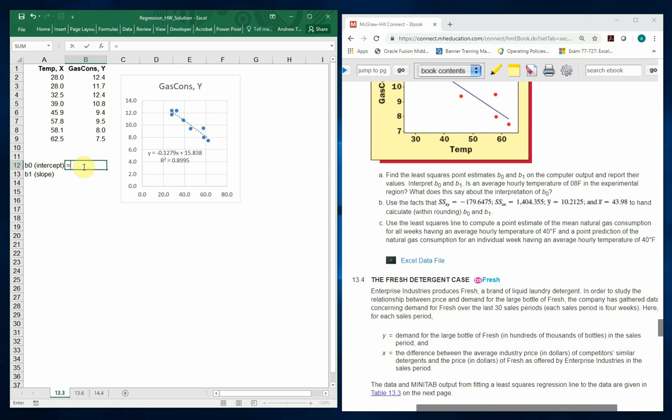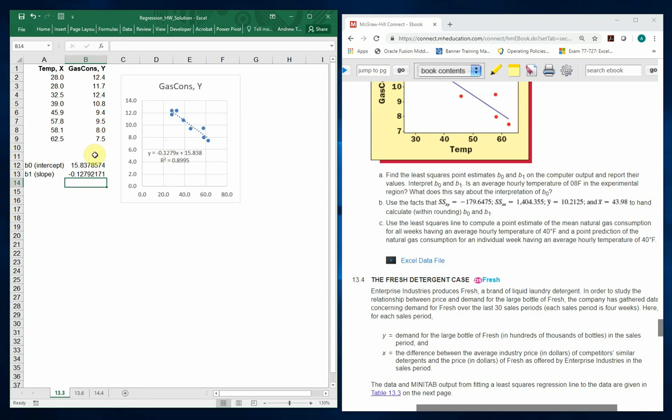And we could use a formula called intercept. Go grab your y's, grab your x's. There's the same number as this one, and do the same thing with the slope. You definitely have to grab your y's first. So that's two ways.